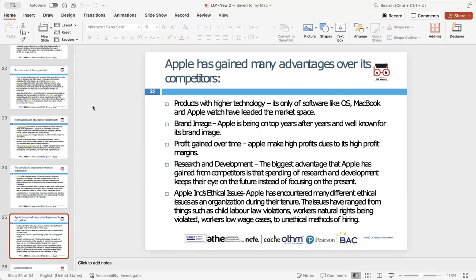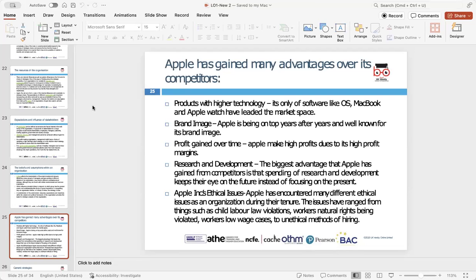Apple has gained many advantages over its competitors. Technological leadership: Apple's high-tech products like iOS, MacBook, and Apple Watch have dominated the market.